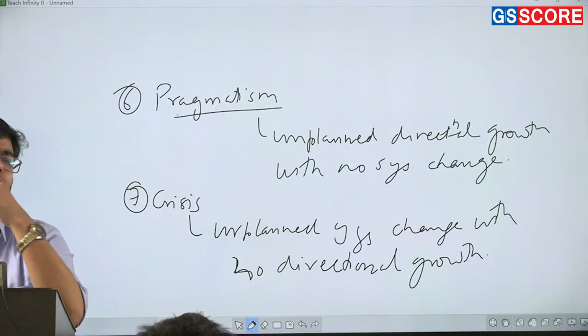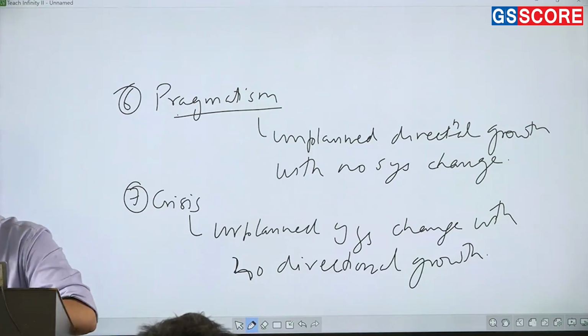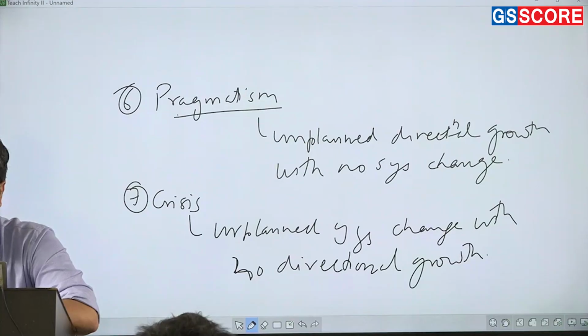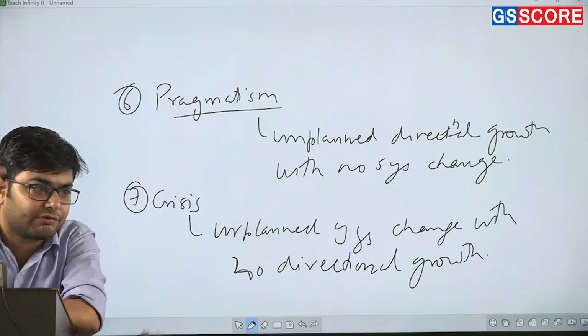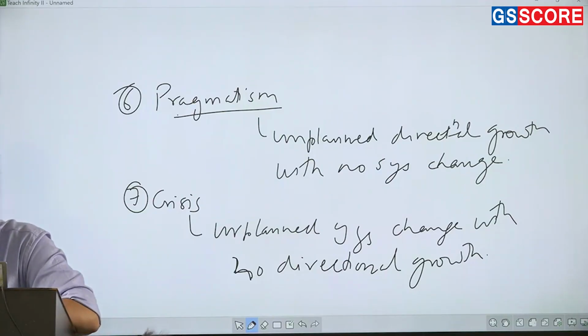So this unplanned change largely comes from the decentralized initiatives, competition, adaptation, etc. So it leads to a systemic change where the system changes in a substantial form, but there is no direction to that change. So it's an informal systemic change.